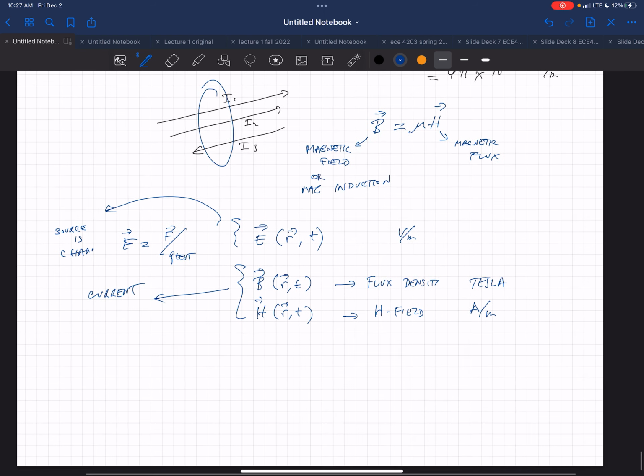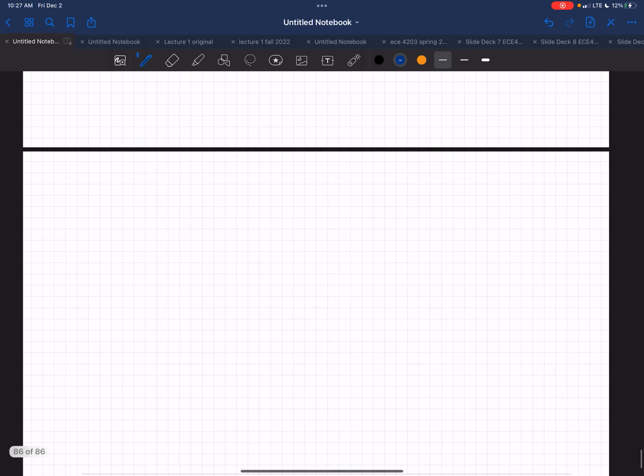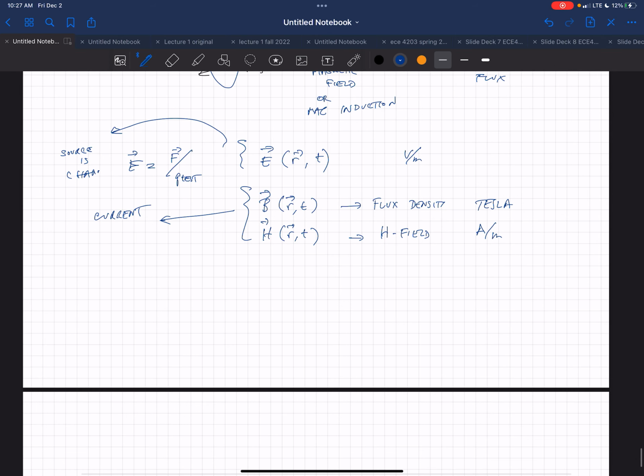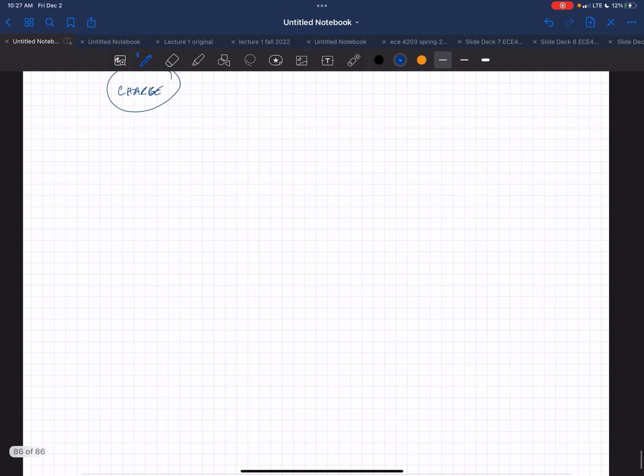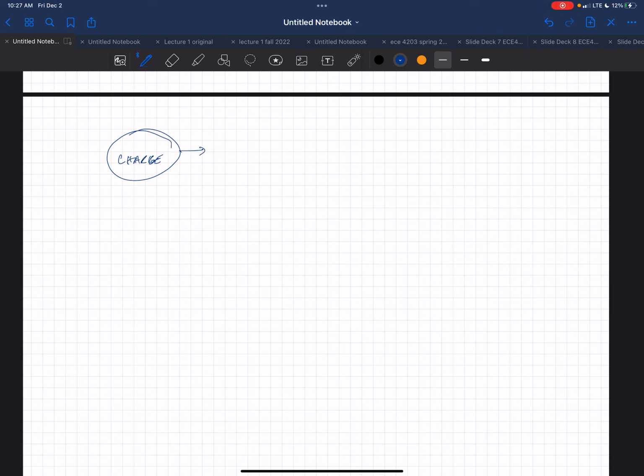So again, saying the same thing here in a different way: you end up with a charge at the beginning point that gives you this electric flux density, which is a vector.